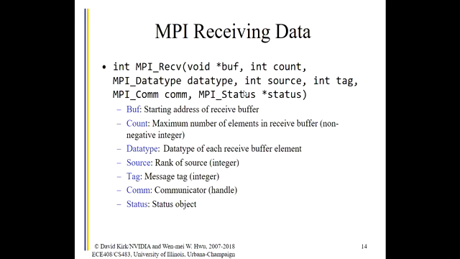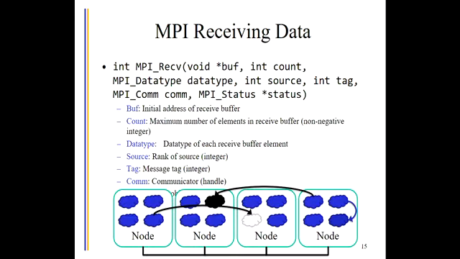Then you say what's the maximum number of elements you expect to receive, what's the data type, and who you are expecting the message from. And then you have the communicator and the status, because you need to check the status to see if you have indeed received the data correctly.